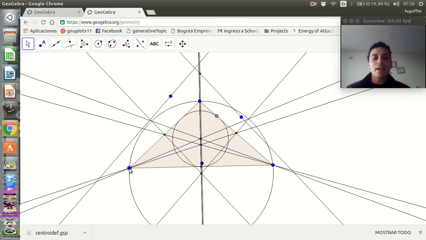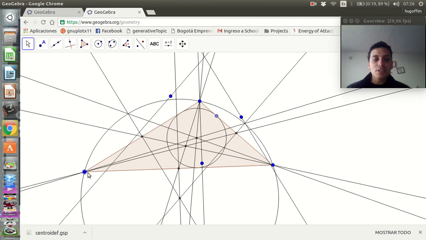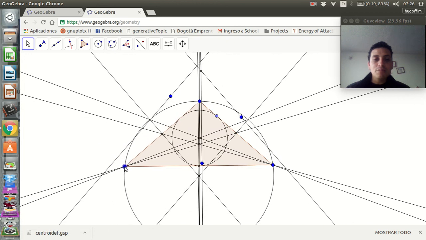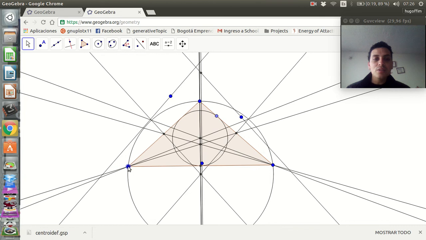And this is something that I think is really cool. I can change anything: circumcenter, incenter, centroid, orthocenter. But if I'm trying to have an isosceles triangle, they are going to fall into the same line. And that's pretty cool for me, because it's telling you that an isosceles triangle gives you something interesting about the concurrency points in a triangle.